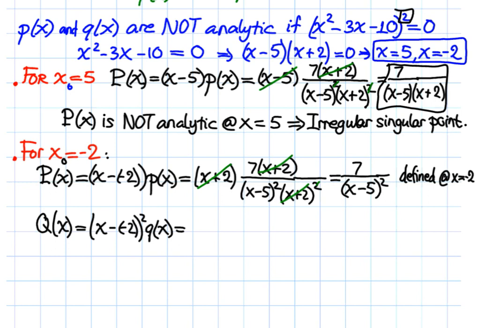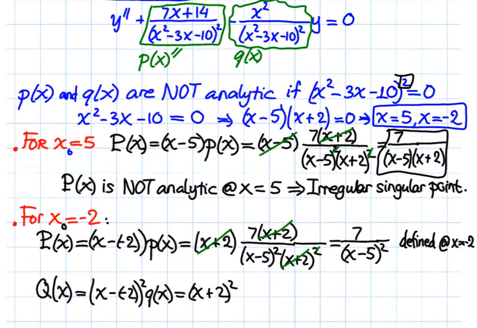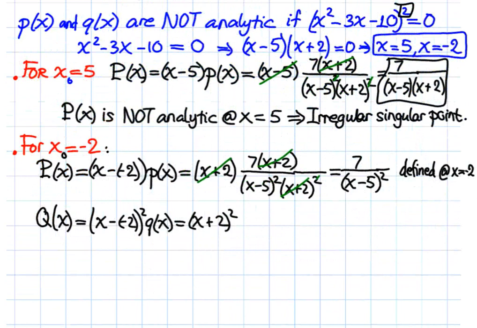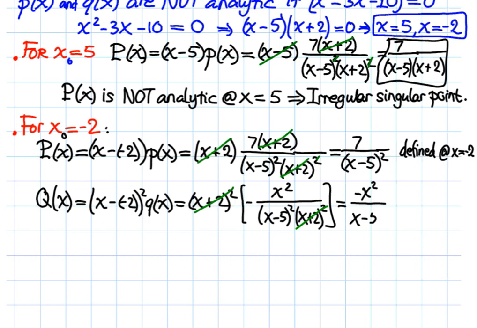We get (x plus 2) squared times Q of x, where Q of x is negative x squared over the denominator, (x minus 5) squared times (x plus 2) squared. We cancel the (x plus 2) squared, and on the top we just have negative x squared, and on the bottom (x minus 5) squared.